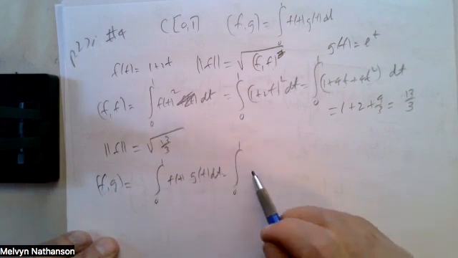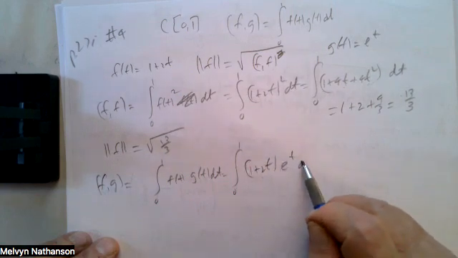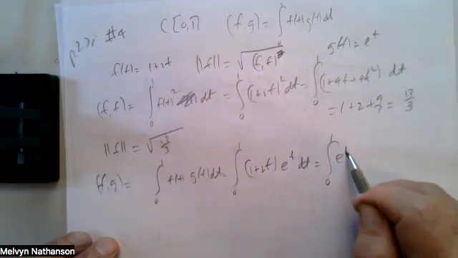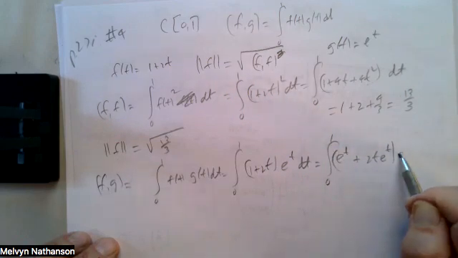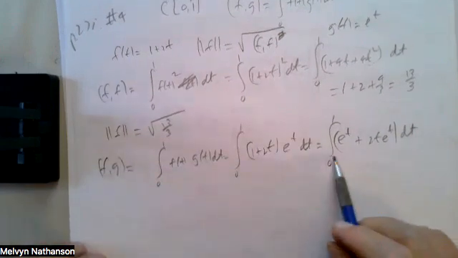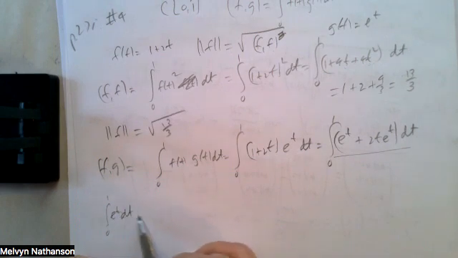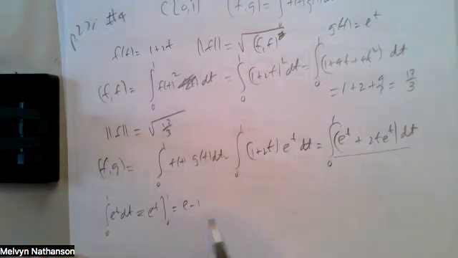That's the integral from 0 to 1 of (1 plus 2t) times e to the t dt, which is the integral from 0 to 1 of e to the t plus 2t e to the t dt. So we have to calculate these two integrals. The integral of e to the t is just e to the t, evaluated from 0 to 1, which is e to the 1 minus 1. That's what this first integral is.